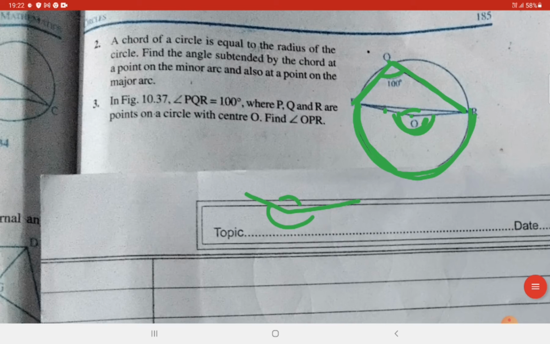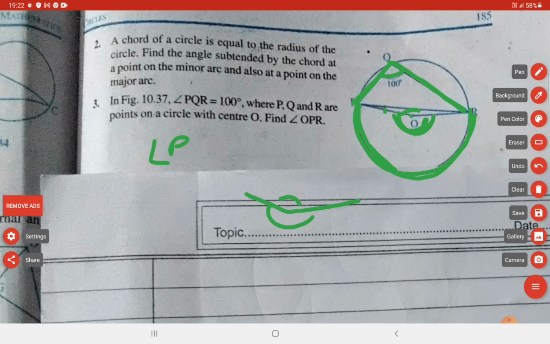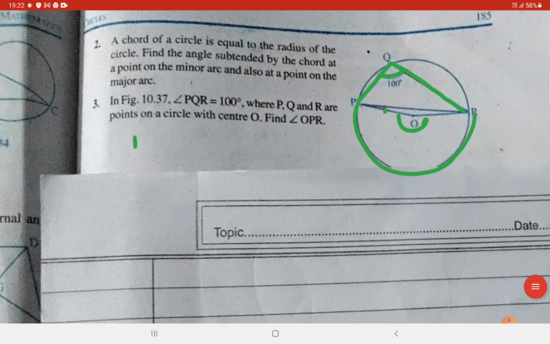That is, reflex angle POR is equal to 2 times angle PQR. That is 200 degree.